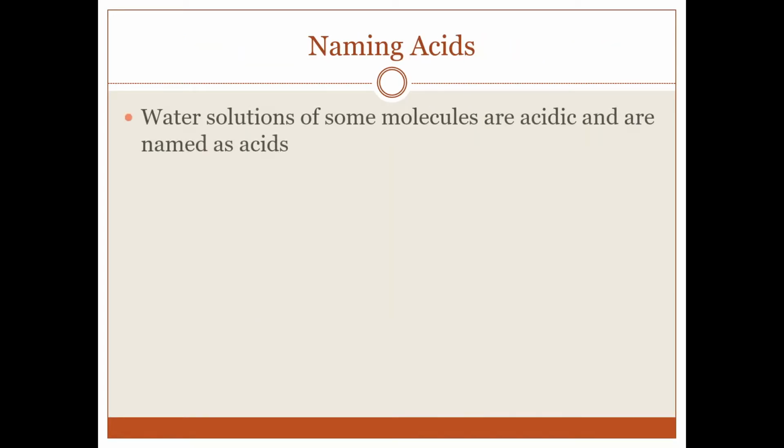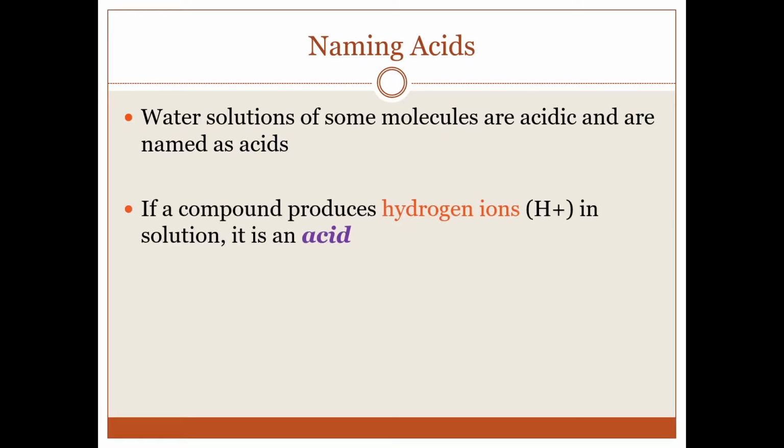Naming acids. Water solutions of some molecules are acidic and are named as acids. We'll learn more about acids in a future topic. All you need to know about acids right now is that they're going to donate protons, or they're going to be donating hydrogens, or they're just hydrogen, H+.